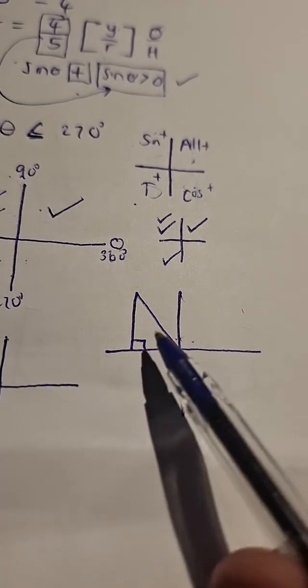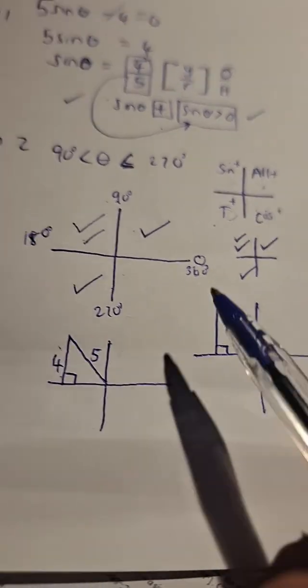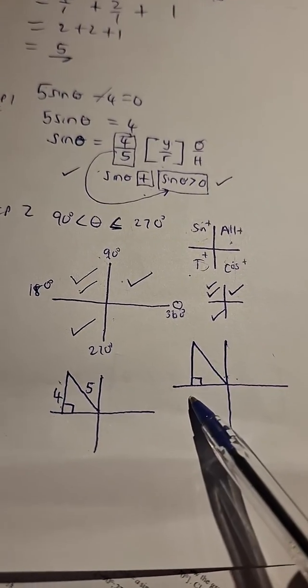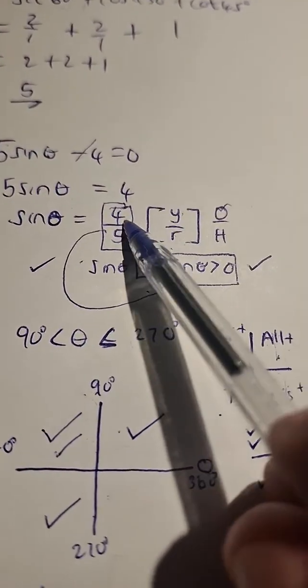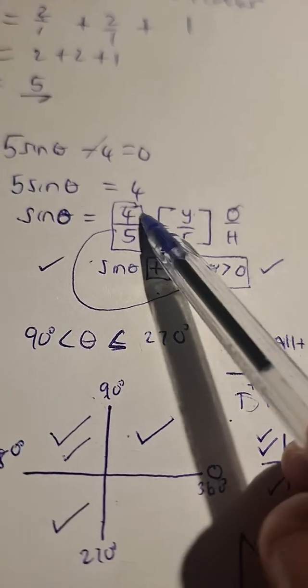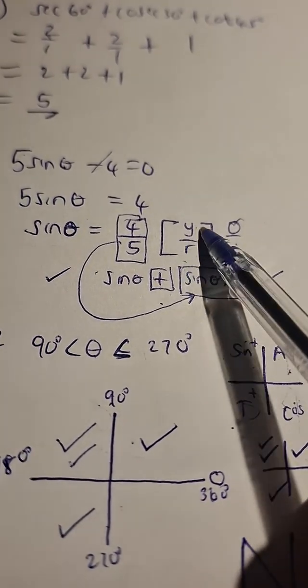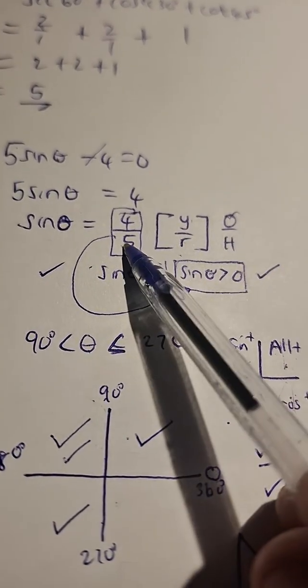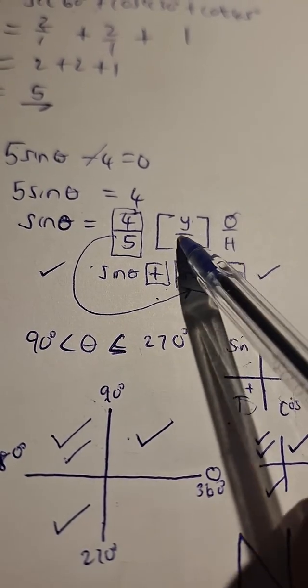Now, here, since we have a right angle triangle, remember when I was talking about 4 over 5, I said 4 is the opposite side, it is y. 5 is the hypotenuse side, it is r.